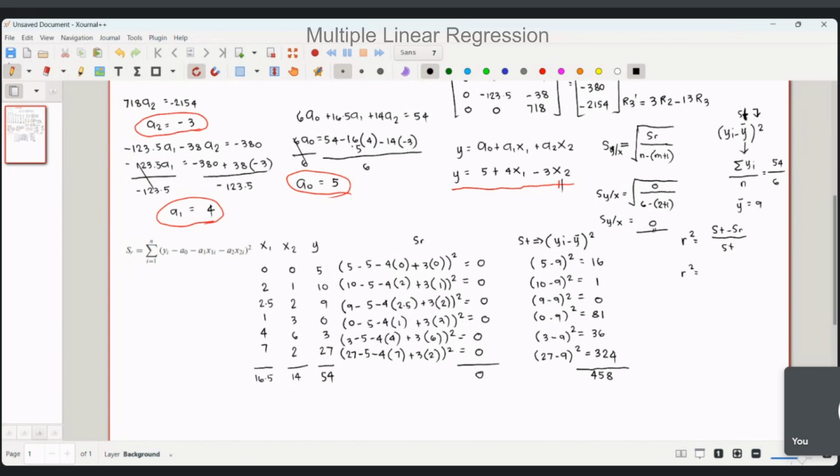So R squared is 458 minus 0 over 458. 1. Then atong R, square root ni R squared, square root ni 1 is 1.